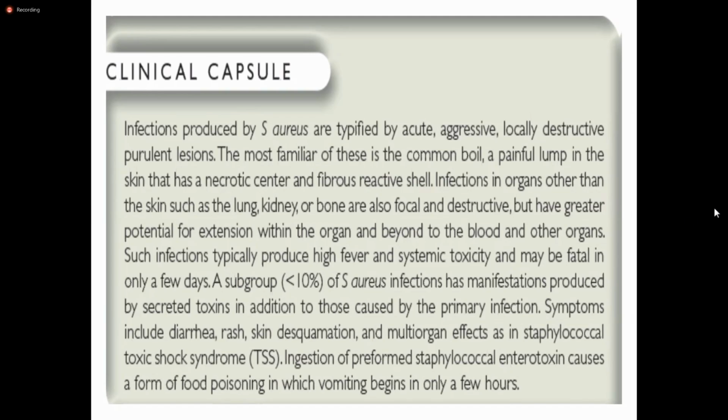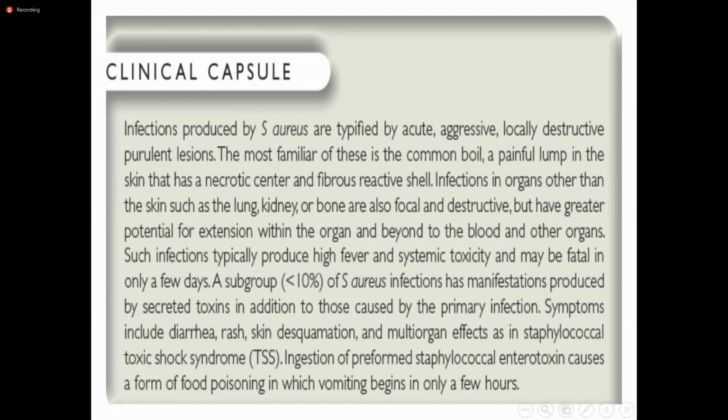And in addition to those caused by the primary infection, the symptoms can spread to different parts of the body. Diarrhea, rash, skin desquamation. Skin desquamation means peeling of the skin. Multi-organ involvement and can lead to toxic shock syndrome, TSS.